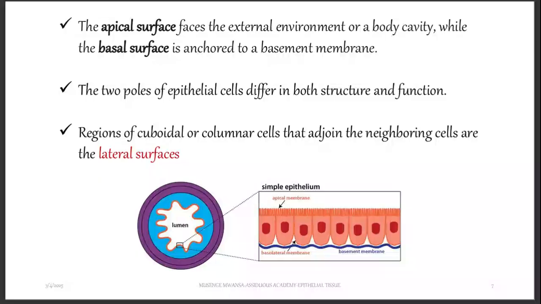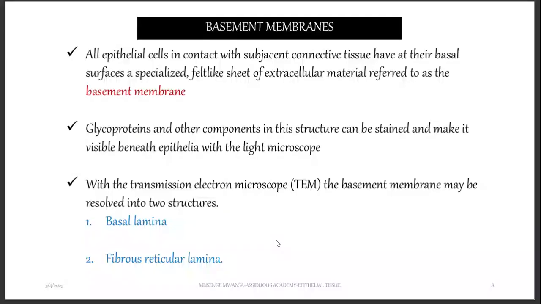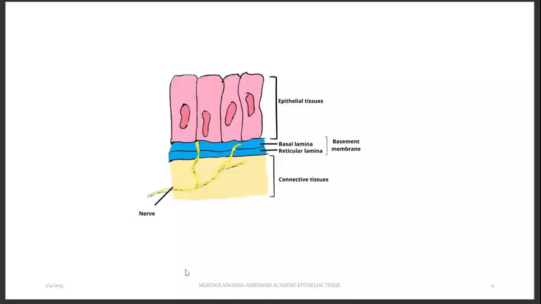When you look at epithelial tissue, they rest on what we call the basement membrane. Each epithelial tissue rests on this basement membrane. When you look at it using the transmission electron microscope, it is going to have two layers, the basal lamina and the fibrous reticular lamina.